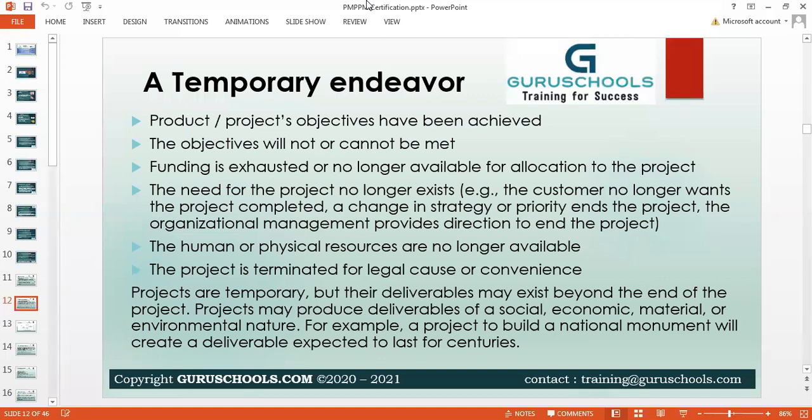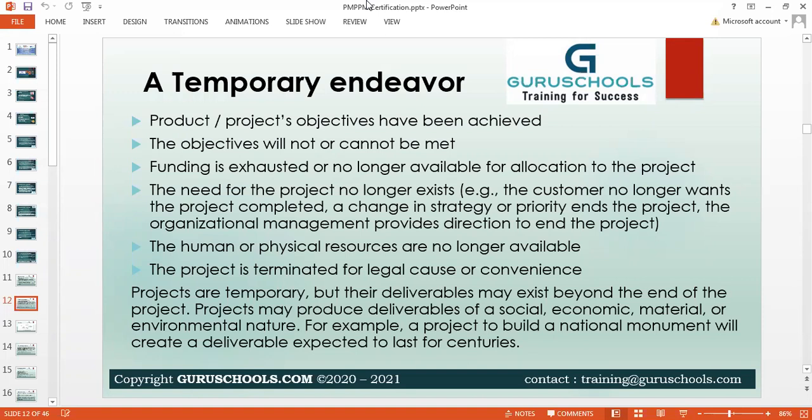If I'm trying to create a Murti of Hanumanji of, let's say, 500 feet, that will be a national monument which can exist for centuries, like the Statue of Unity, the statue of Sardar Patel created in Gujarat, which will last for at least 300 years. That's how it was planned, right?